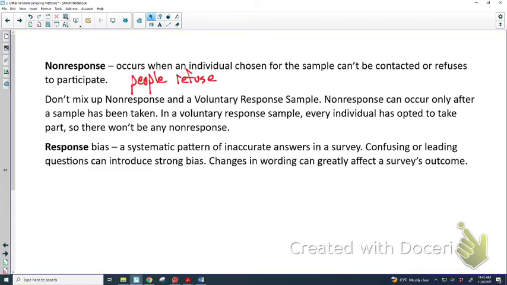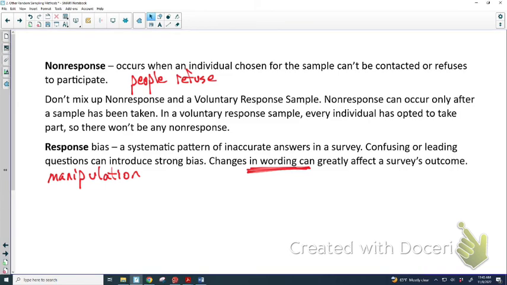Response bias involves manipulation. You are manipulating people into believing or doing a certain thing with your wording. Wording is changing the way people feel, maybe creating an emotional response so people respond a certain way.